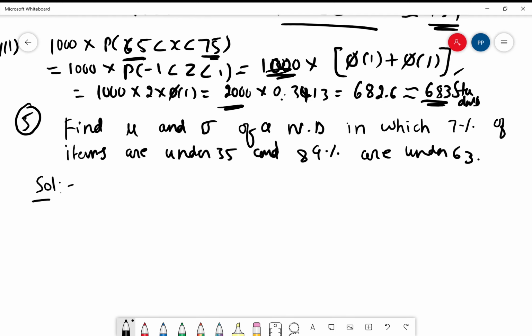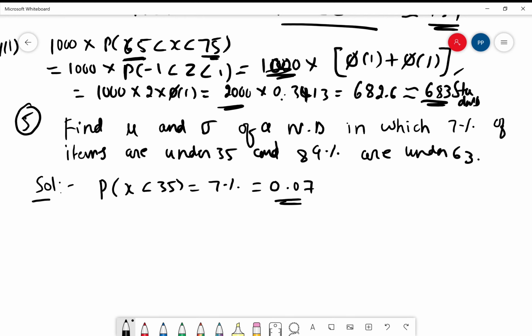Normal distribution, X is the normal variable, 7% of the items, that is probability of X less than 35 equals 7%, that is 0.07. Okay, from this you have to get one equation in X and mu and sigma. We'll find out that.